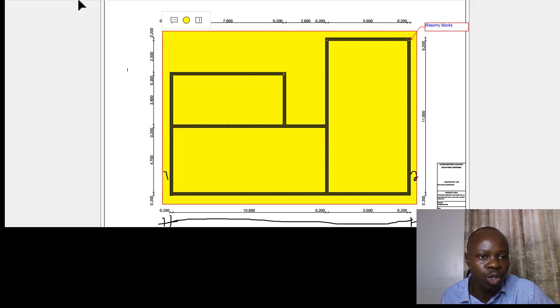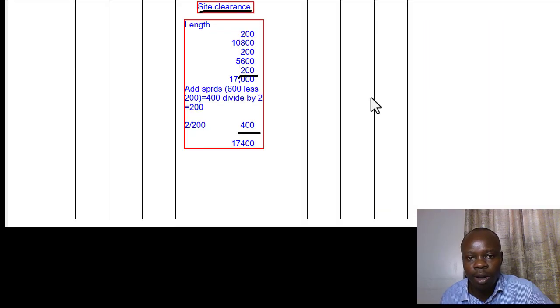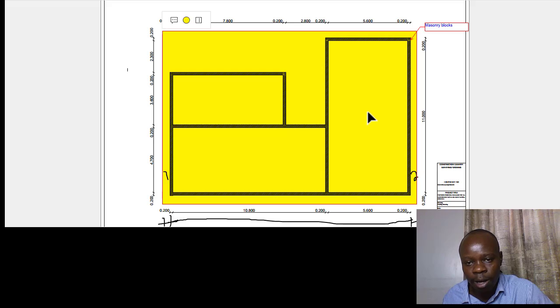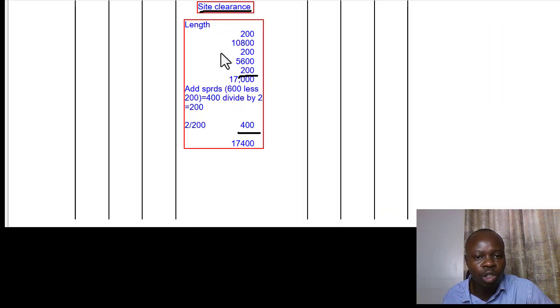So we'll go straight to where we left in our previous session, and this is the point. So we are done with the length, making adjustments for the external spreads, just like it's shown in this particular plan. So we'll continue. Of course, we've got the length, so we'll continue and get the width for that particular plan.